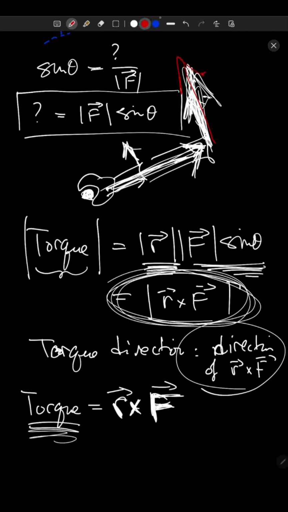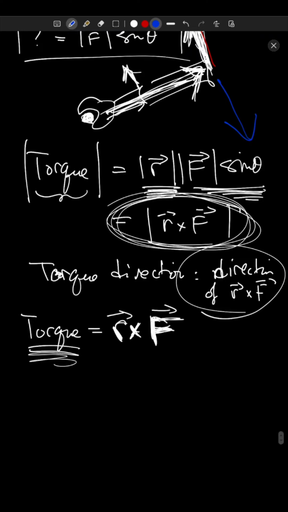In one direction, I'm loosening the bolt; in the other direction, I'm tightening the bolt. So it actually does matter. One way I'm rotating counterclockwise, the other way clockwise. And so the direction of the torque tells you the direction that I'm applying my rotational force.